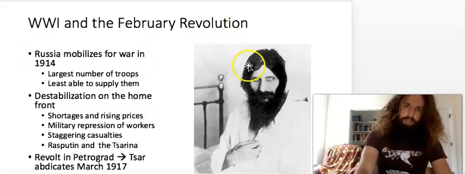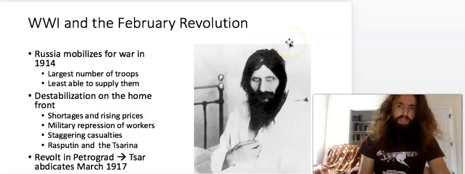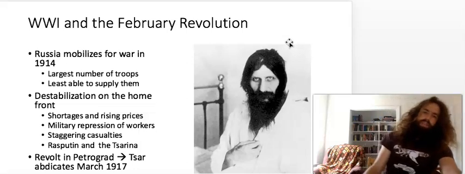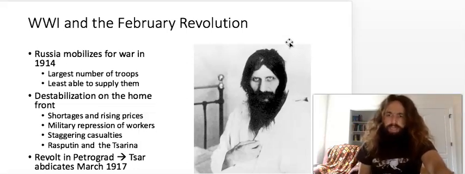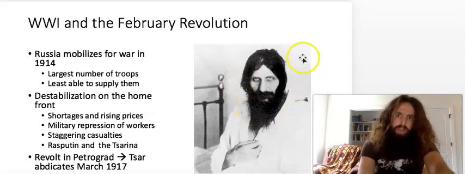One of the Tsar's children suffered from some combination of weird medical ailments, and the Tsarina, that is the wife of the Tsar, believed that she had found a miracle worker who could cure the child. And this is the weirdo monk Rasputin.